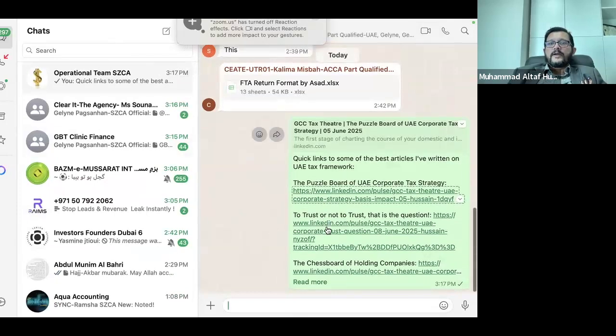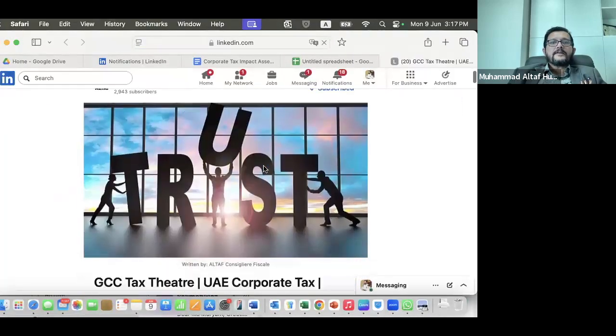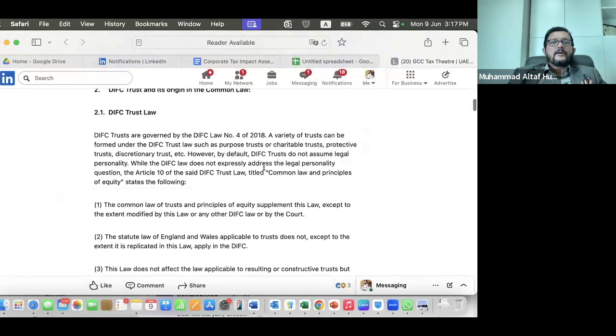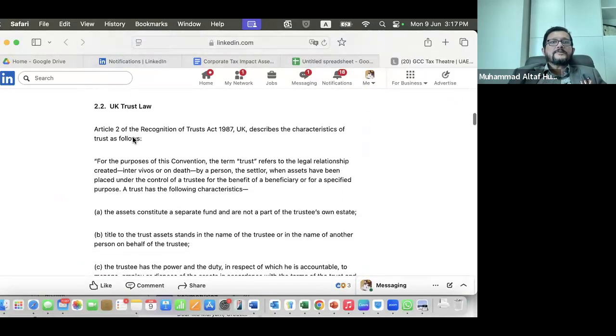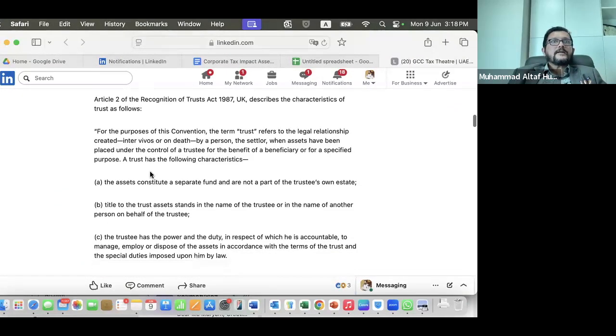If you go into it, it will clearly identify DIFC. Interestingly, in DIFC it sends you to the England and Wales law. It says whatever is provided there, it's the same. I even did the research in UK trust law. Even in UK trust law, legal personality has not been awarded to trusts. They are still treated as unincorporated partnerships. The only place in the UAE is the mainland.